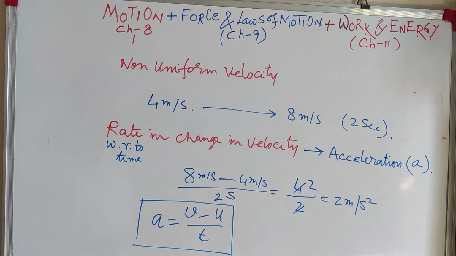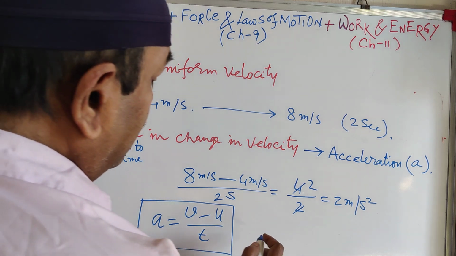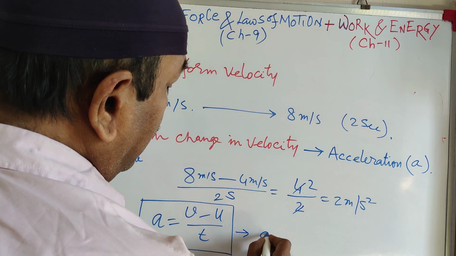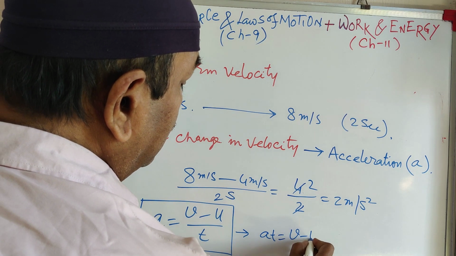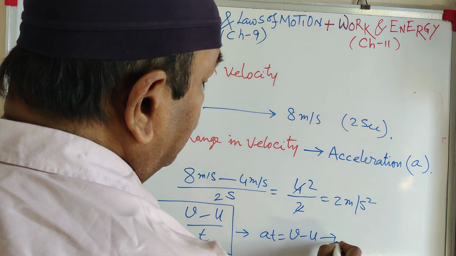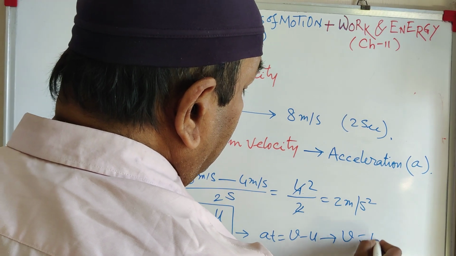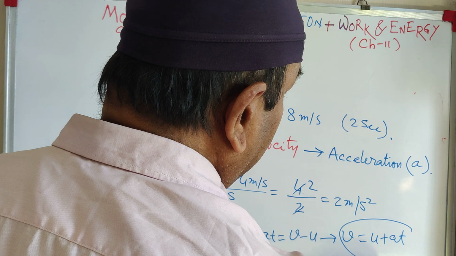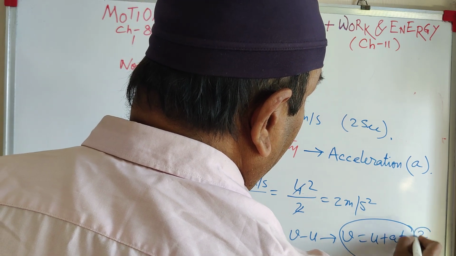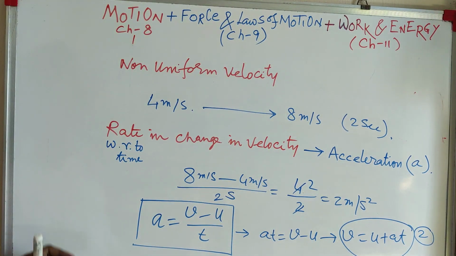If you cross multiply, it becomes AT is equal to V minus U, and it gives V is equal to U plus AT. This is the second formula of motion, and this is for non-uniform velocity.